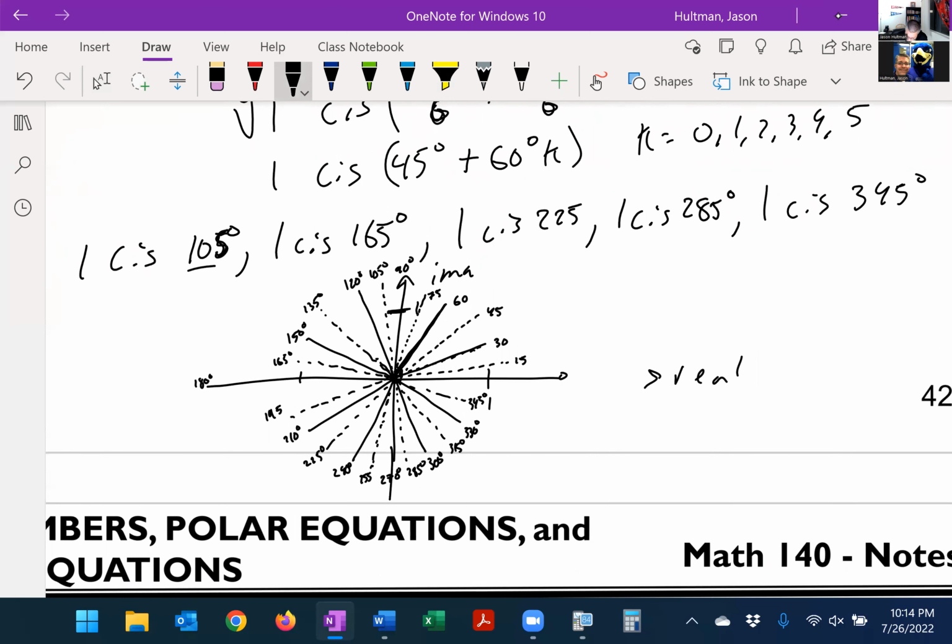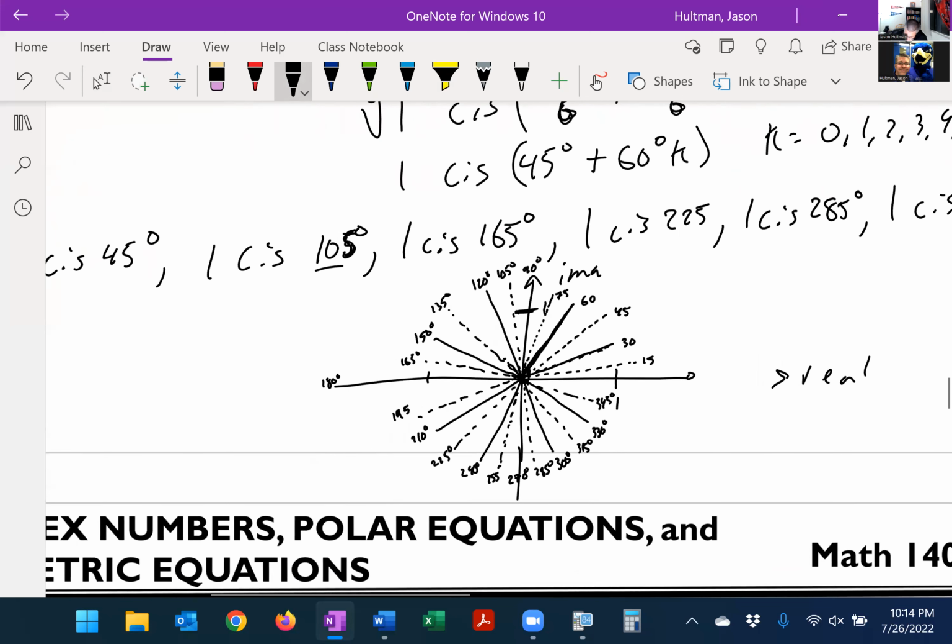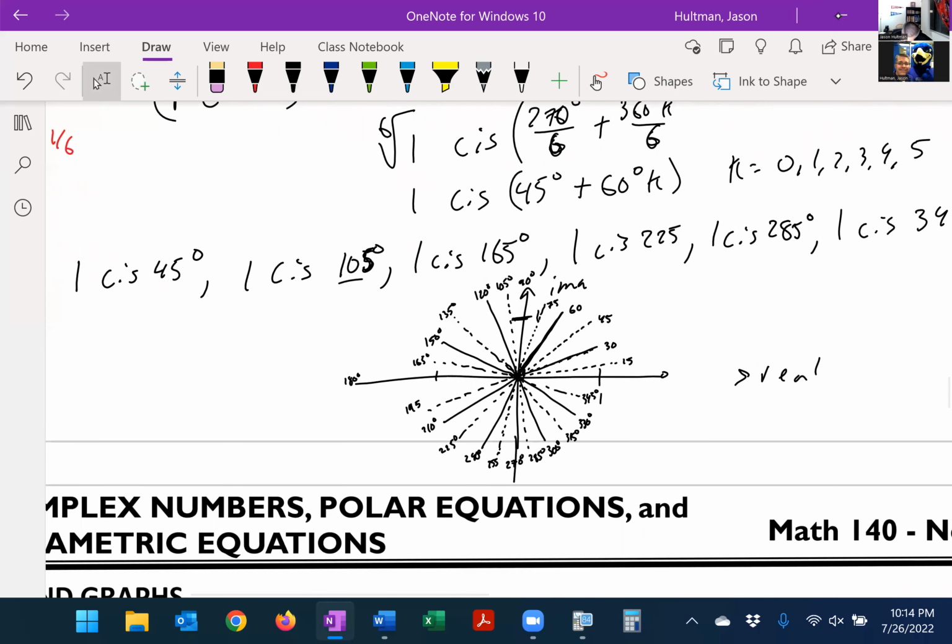Okay, so now let's go back and look at our angle values. We have 45. I'm going to put this in a different color, maybe green. So at 45 degrees going out 1 unit, there's my vector.